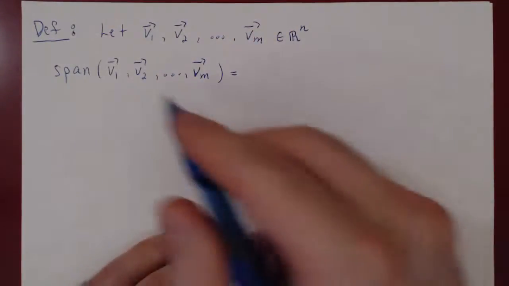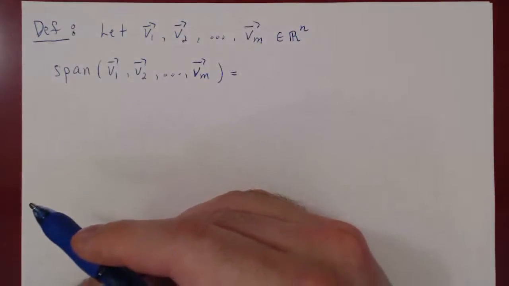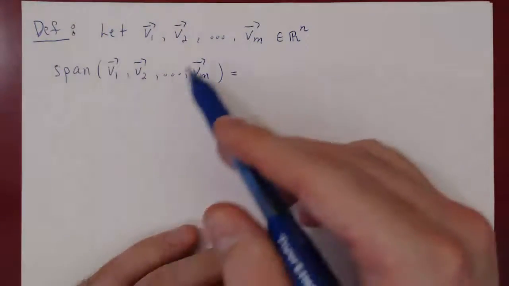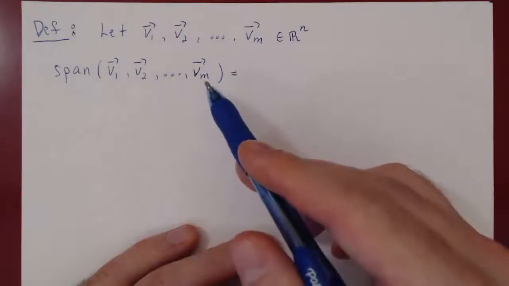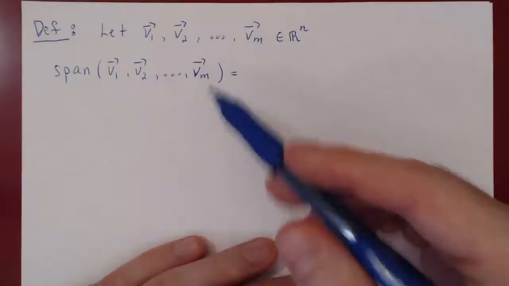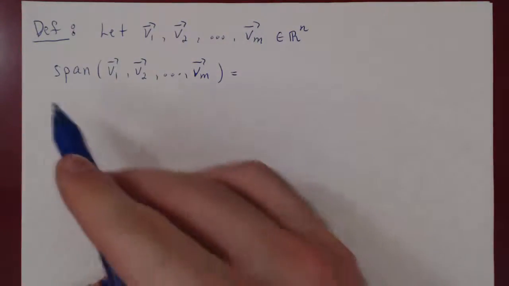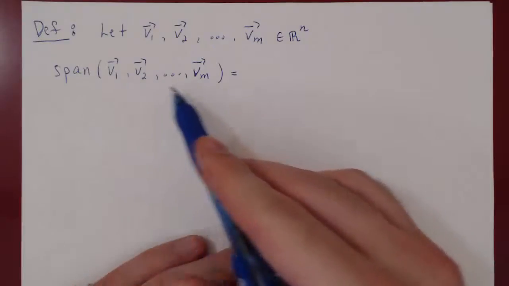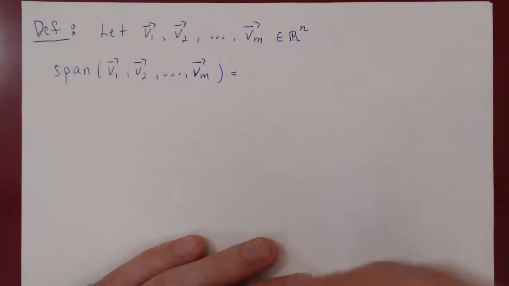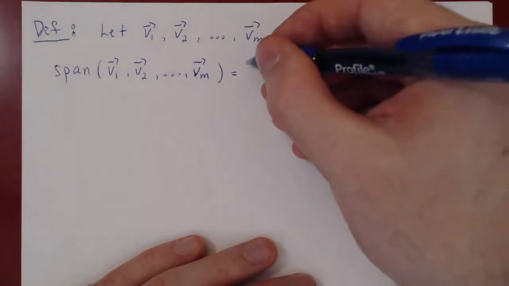And for vectors, span is a synonym of generate. So the question is, what can we generate with these m vectors? With these m vectors, we generate other vectors through linear combinations. And so the span of these m vectors will be the set of all linear combinations of these m vectors.